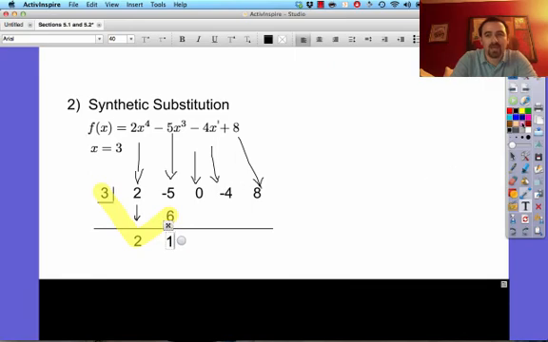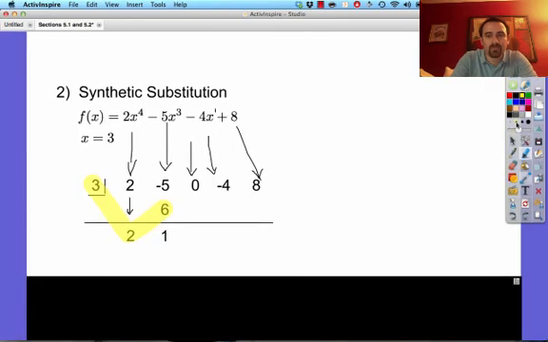Good. Now I take 3 times 1, so now I'm going to do this here. Now I do the same exact thing. I go 3 times 1 is 3.